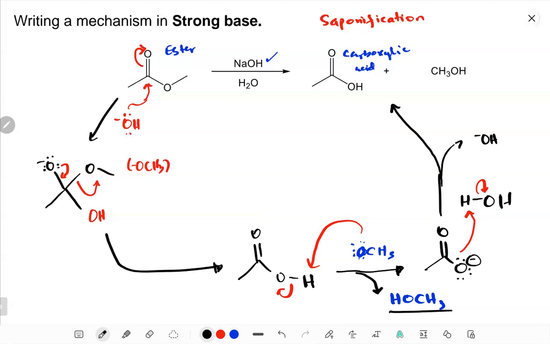As you can see, as I write down the intermediates, including all the chemical species around, they all have negative charges. This is a unique property of this mechanism under strong basic conditions. There are lots and lots of negatively charged species in the mechanism.